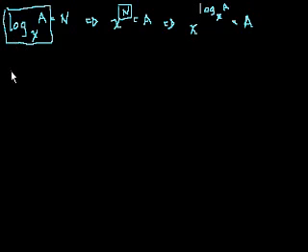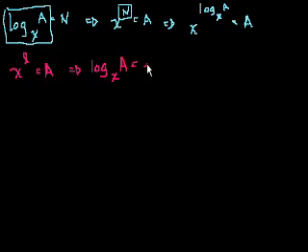So let's say that x to the L is equal to a. Well, if we write that same relationship as a logarithm, we could write that log base x of a is equal to L, right? I just rewrote what I wrote on the top line.